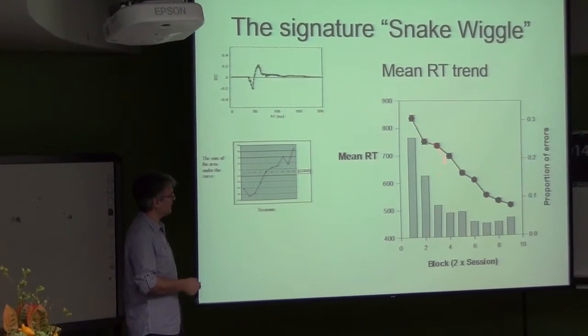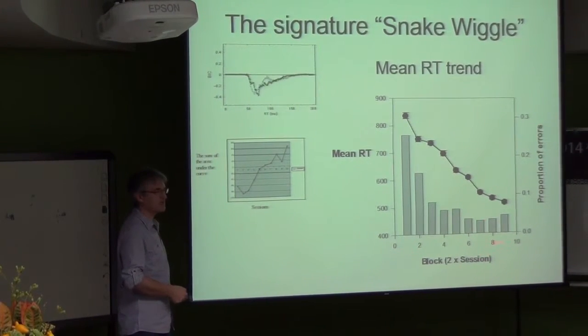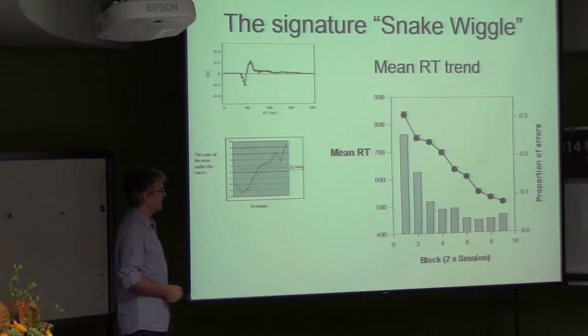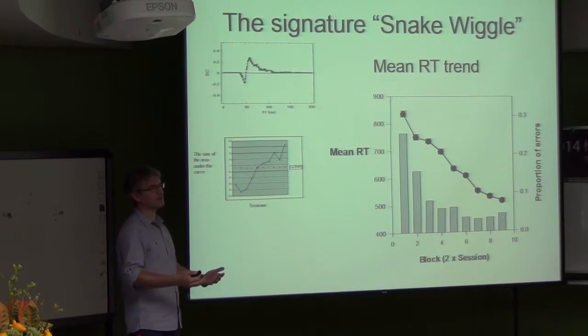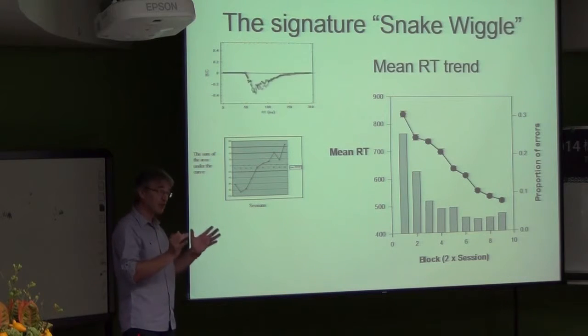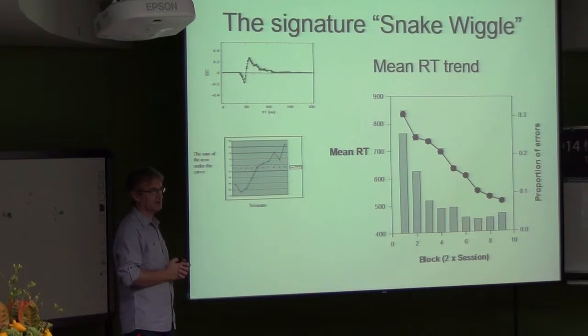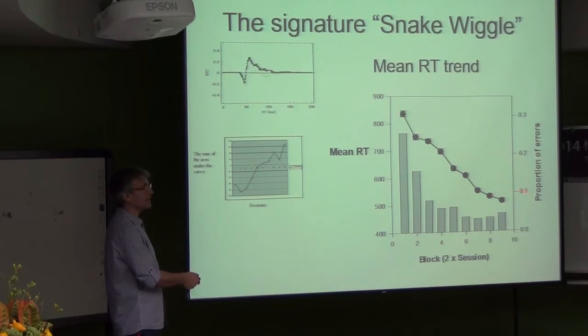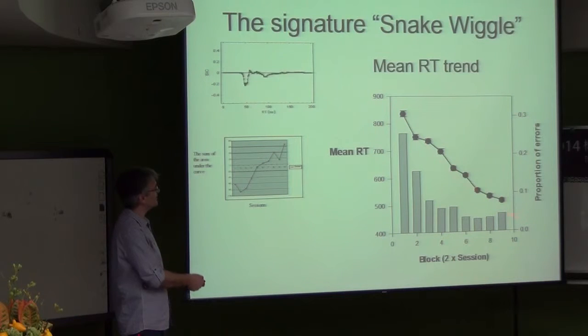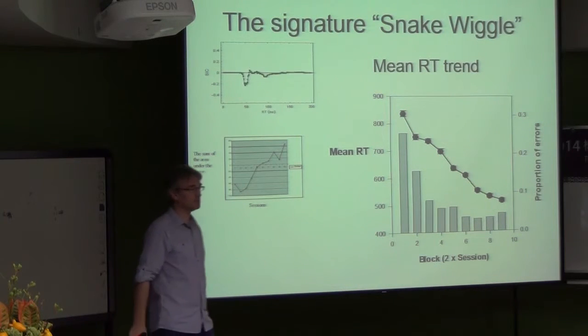Speeding up and increasing accuracy across sessions can occur just because you're faster in processing, your overall rate increases, without a change of the mental architecture. Maybe you're processing serially here, and serially here, but faster. We don't know that because this measure doesn't tell you anything. It just tells you it speeds up, and speeding up can be achieved in many ways.